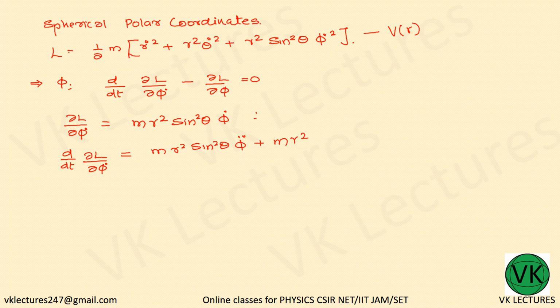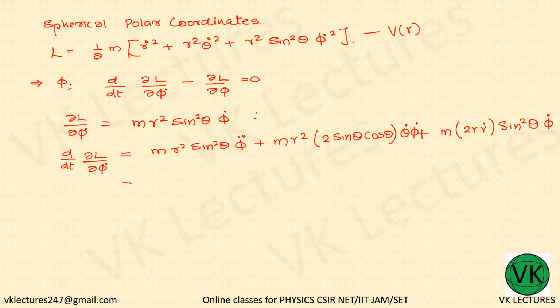Now we need to differentiate sine square theta, so it becomes 2 sine theta cos theta theta dot, plus with respect to r, m 2r r dot sine square theta phi dot.